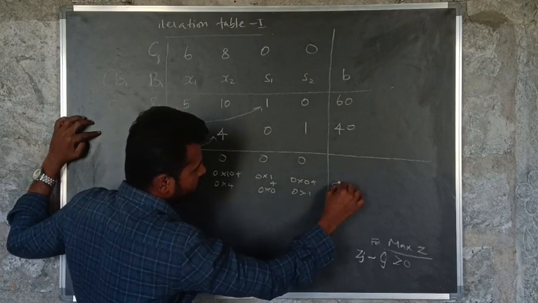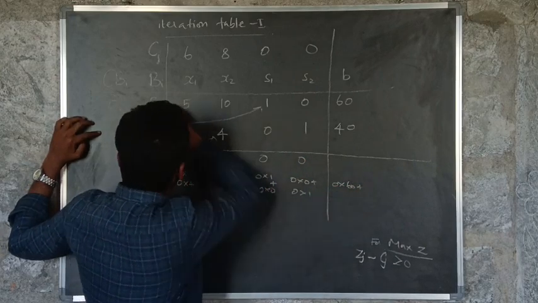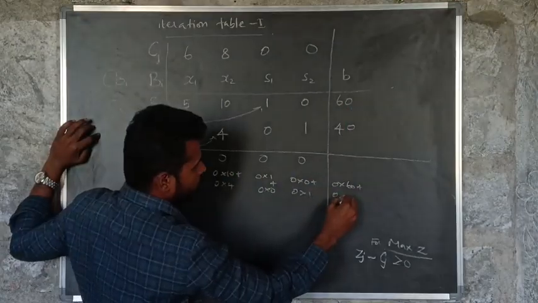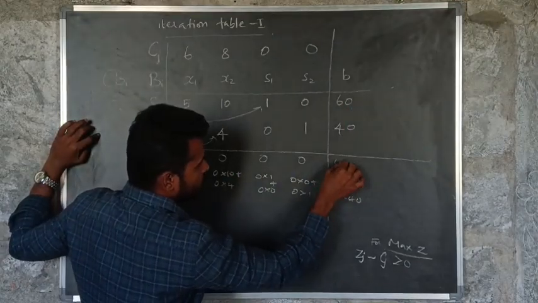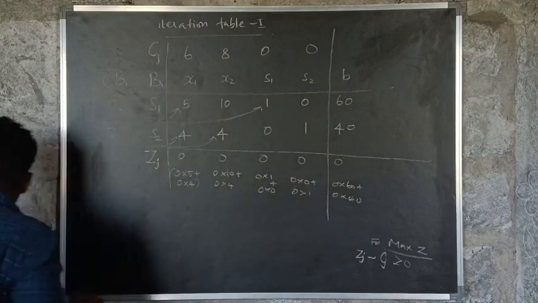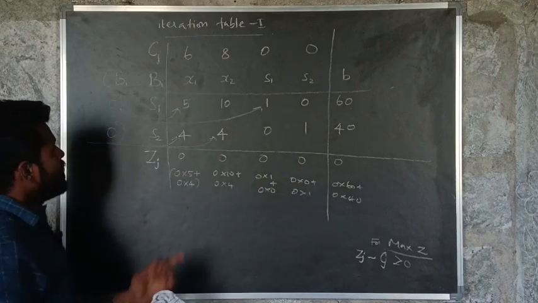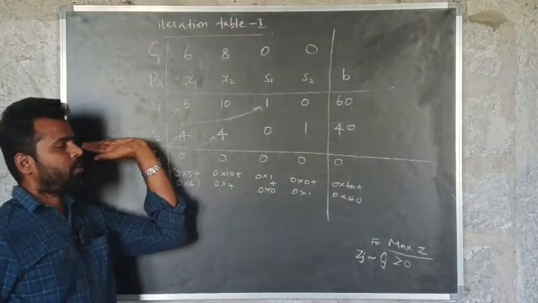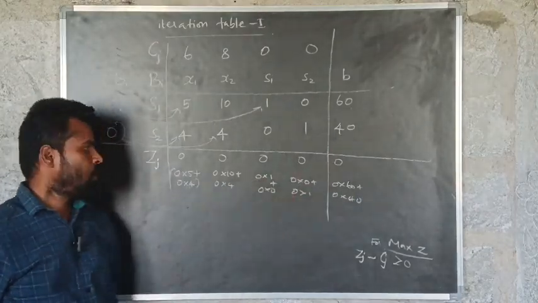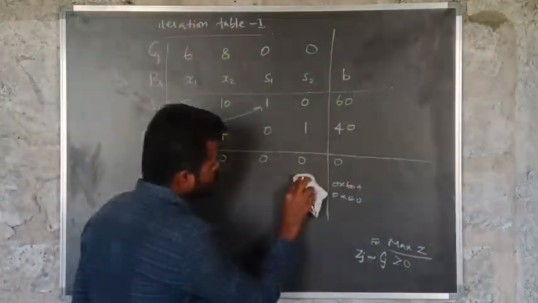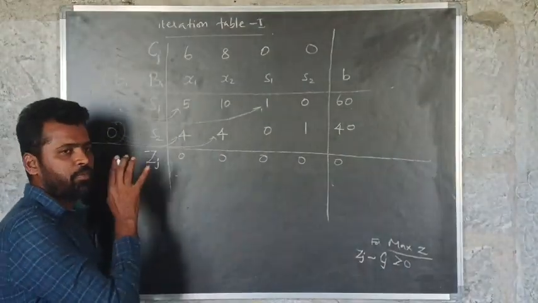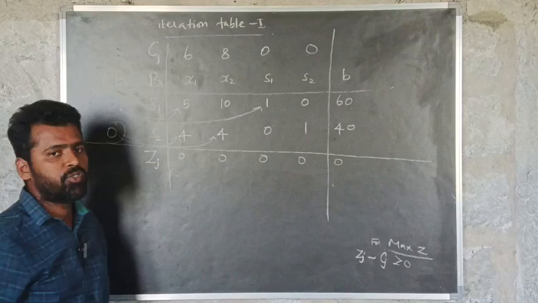Here 0 into 60 plus 0 into 40 is also 0. So when the coefficients of the objective function for the basic variables are 0, in all simplex problems the first iteration table's Zj values are by default 0.